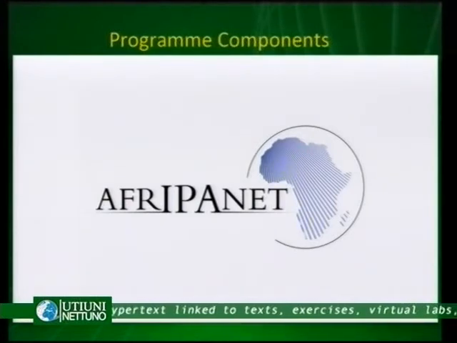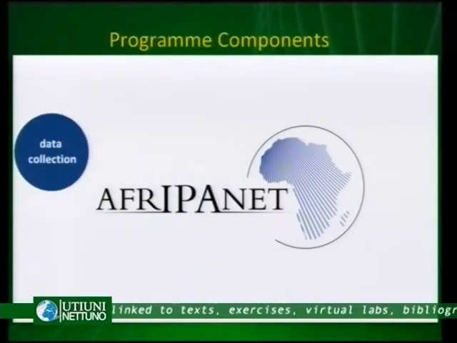The program has a number of components. We start with data collection. It's important for investment promotion agencies to understand what is going on the ground. They need data. They need real information to be able to do analysis and to be able to provide research to policymakers that's based on real data.